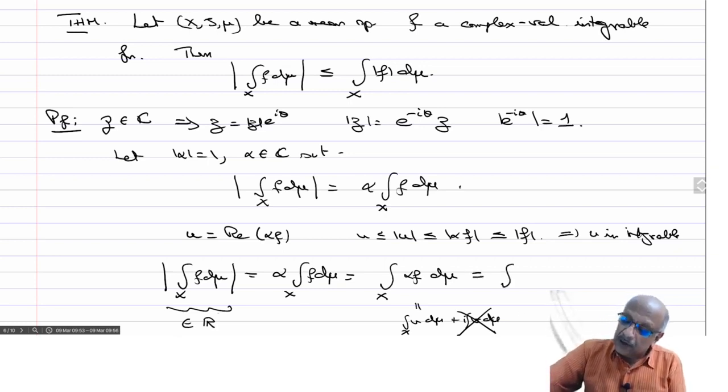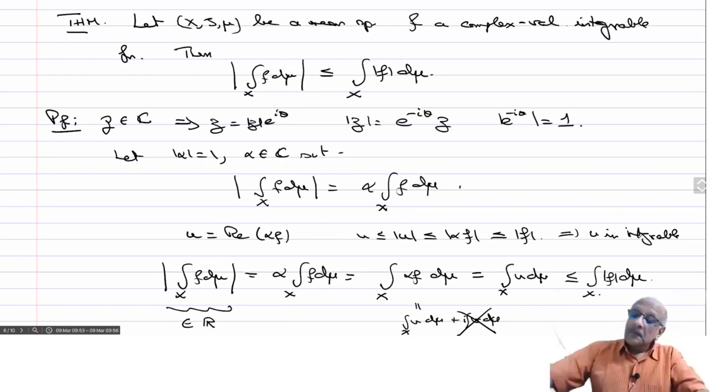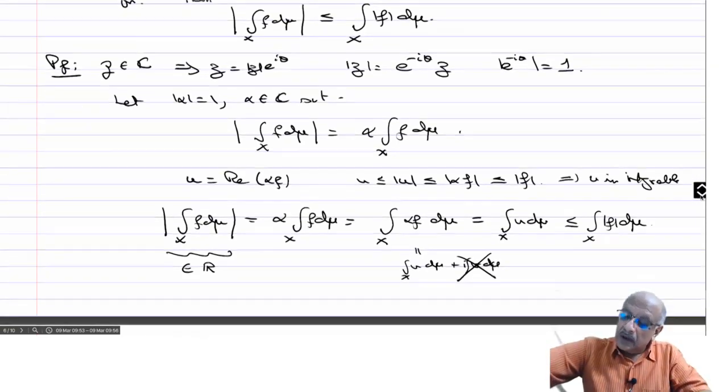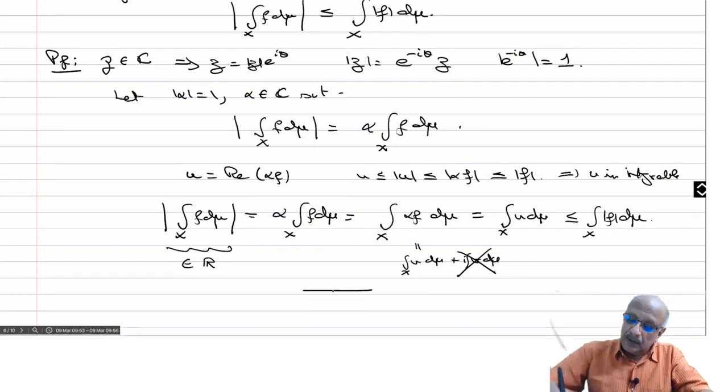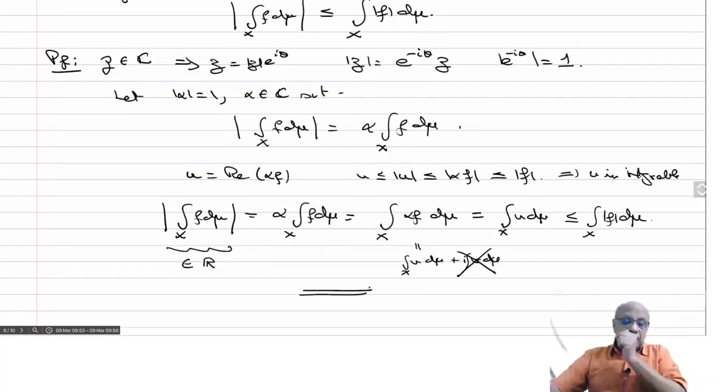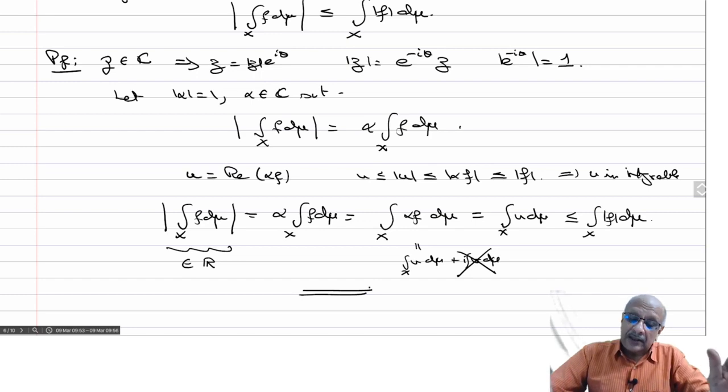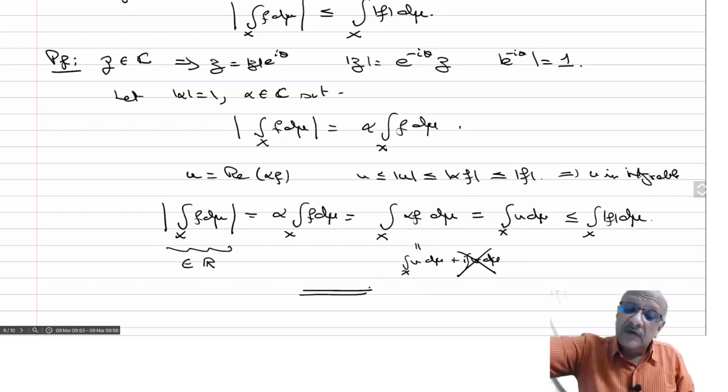So this is equal to integral over x of u d mu, but u is less than or equal to mod f, so that's less than or equal to integral over x of mod f d mu. And so this completes this proof. And so next time you are going to look at another limit theorem, like the monotone convergence theorem. The next theorem which we are going to prove will be an all important limit theorem in Lebesgue integration. It's one of the high points of the theory which we will see next time.